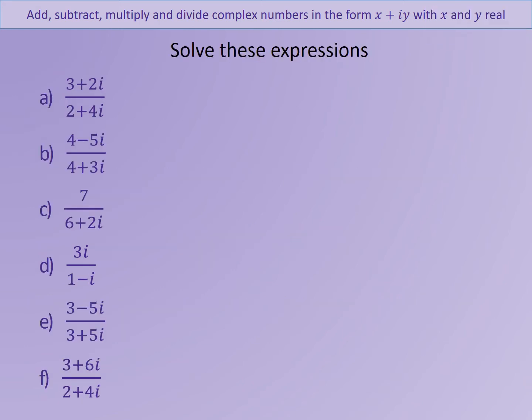Now it's your turn. Stop the PowerPoint here before I look at some of the solutions to these questions. Remember, if you're looking for a little hint, for the first one there, 3 plus 2i over 2 plus 4i, you need to multiply top and bottom by the conjugate of the denominator, so 2 minus 4i over 2 minus 4i.